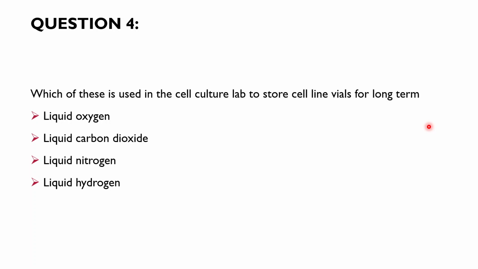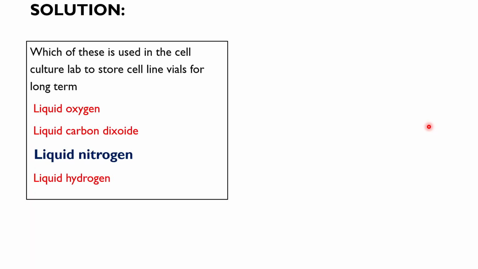Once you've frozen the cells, you need to shift them to minus 196 degrees centigrade, that is to the liquid nitrogen tanks, eventually. So let's see what the right answer is. The right answer is of course liquid nitrogen. Now let's move on to the next question.